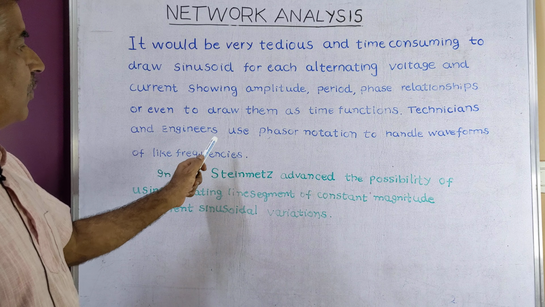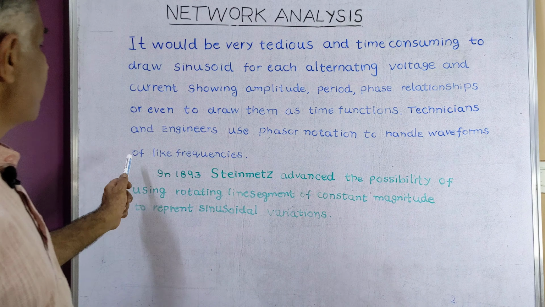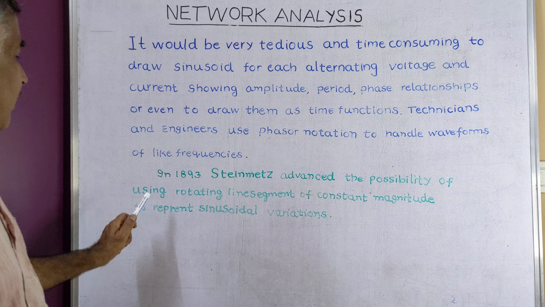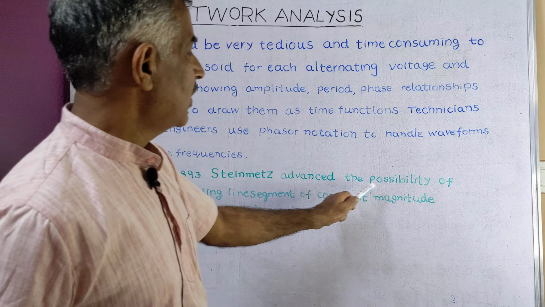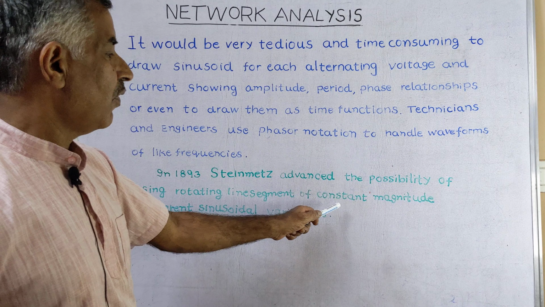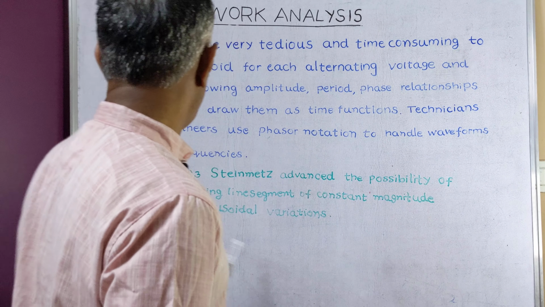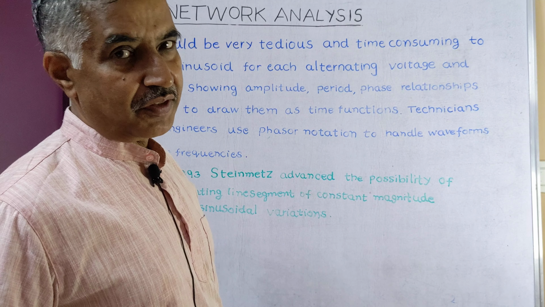Technicians and engineers use phasor notation to handle waveforms of like frequencies. In 1893, Steinmetz advanced the possibility of using a rotating line segment of constant magnitude to represent sinusoidal variations.